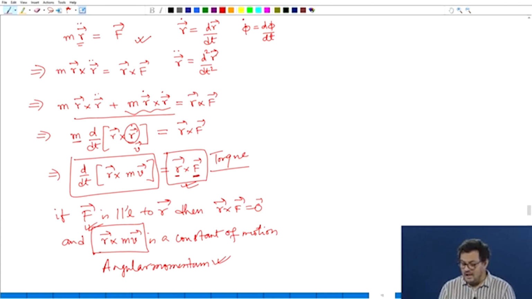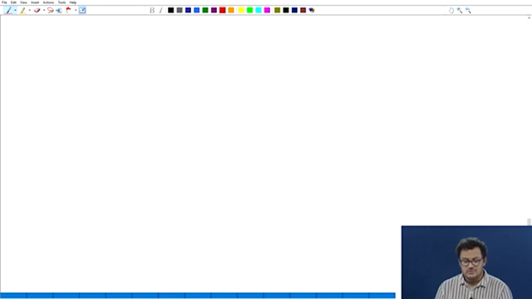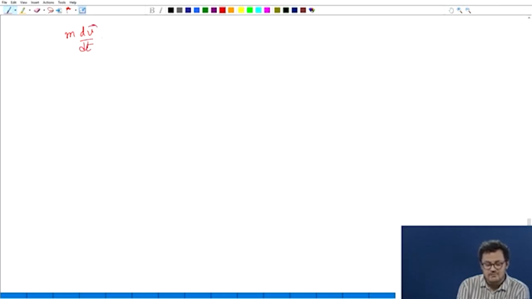I will now do another thing: some conserved quantity under other conditions. Let us say I have m dv/dt, which is equal to f. If that f is of this form, f is equal to the velocity vector cross another vector.